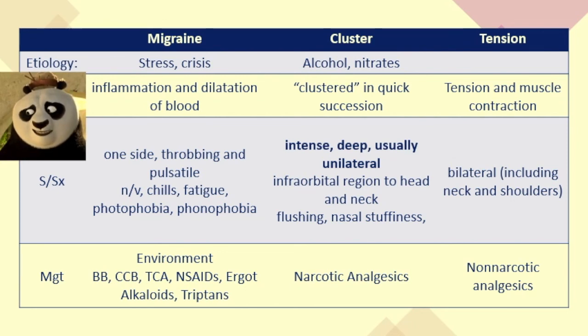Whereas for your tension headache, you have non-narcotic analgesics. The use of non-narcotic analgesics is related to the pain experience of your patient. I hope that if you pause this slide, it would offer you some enlightenment as to the difference of these three types of headache.